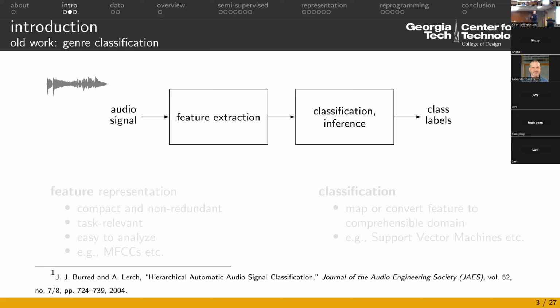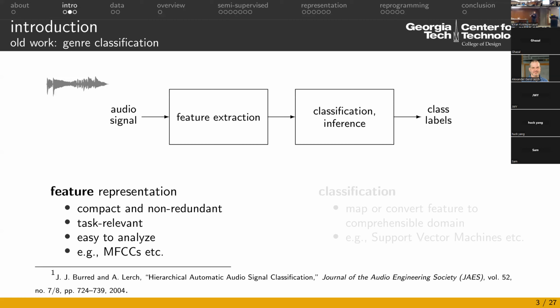And at that time, we had this very old school approach to solving these tasks. So we custom designed some features, and here we made sure, or we tried to make sure, that these features are a compact representation of the audio signal, are not too redundant with each other, are task relevant, of course, right?